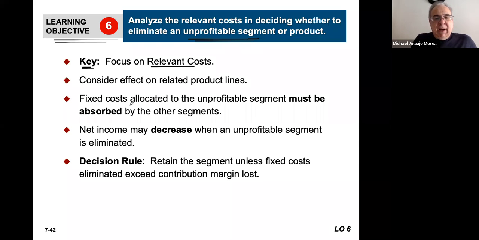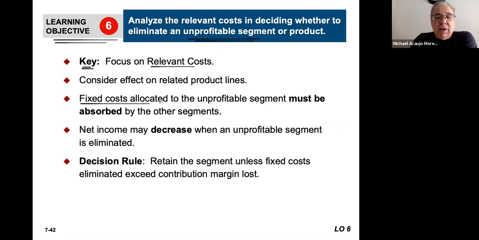Understand too that fixed costs usually do not go away, or most of them don't, if you are going to eliminate a product line or a part of your business. You're still going to have certain fixed costs that stick around regardless.